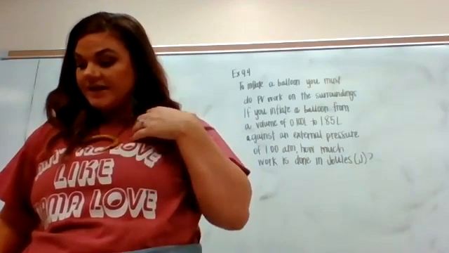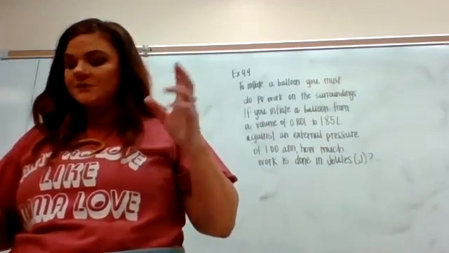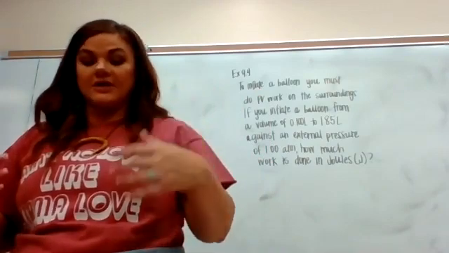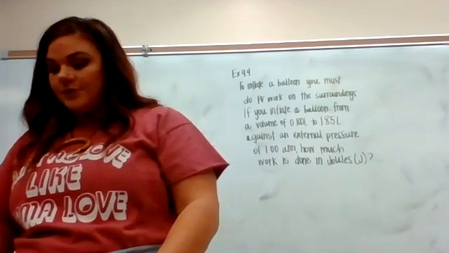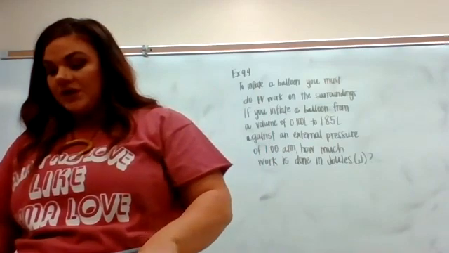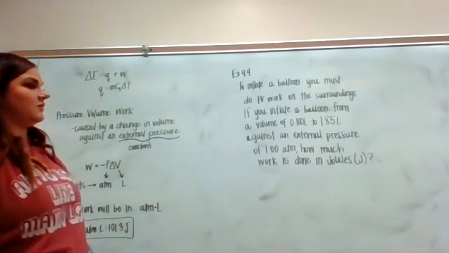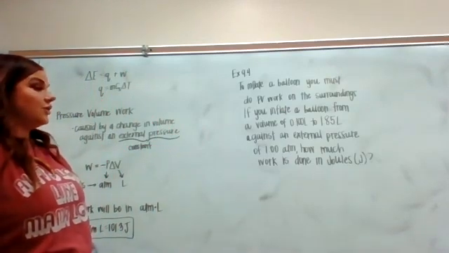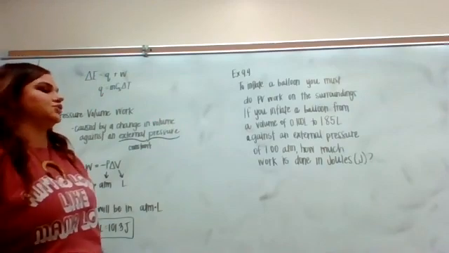Okay, so it says to inflate a balloon, you must do pressure volume work on the surroundings. All that means is your work is going to be negative. If you inflate a balloon from a volume of 0.1 to 1.85 liters against an external pressure of 1 atmosphere, how much work is done in joules?